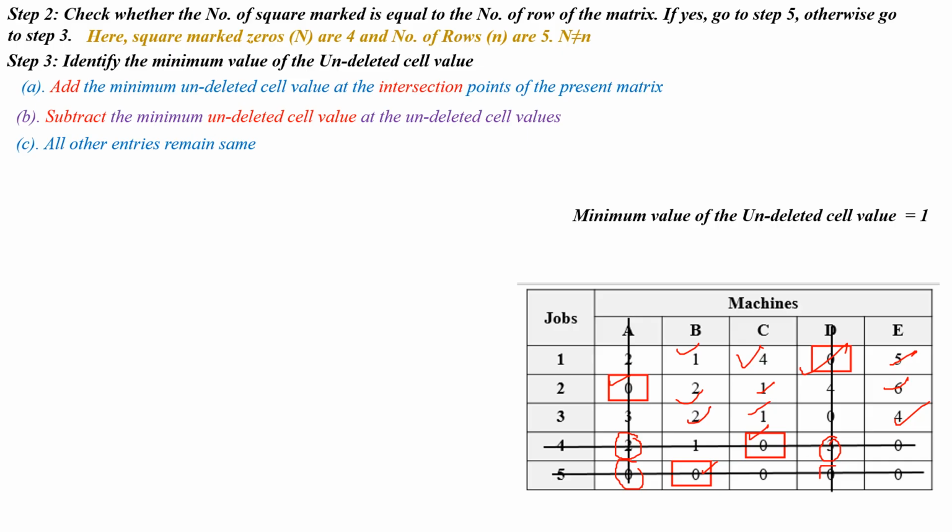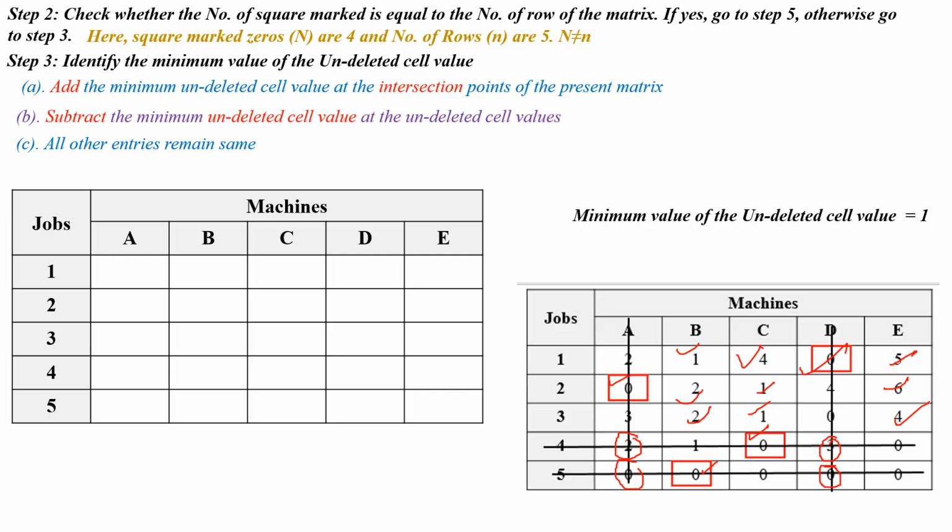So for job 4 and machine A, the intersection value is 2. We add the minimum undeleted cell value, that is 1. So 2 plus 1 becomes 3. Similarly, job 4 and machine D has the cell value 3, so 3 plus 1 equals 4.